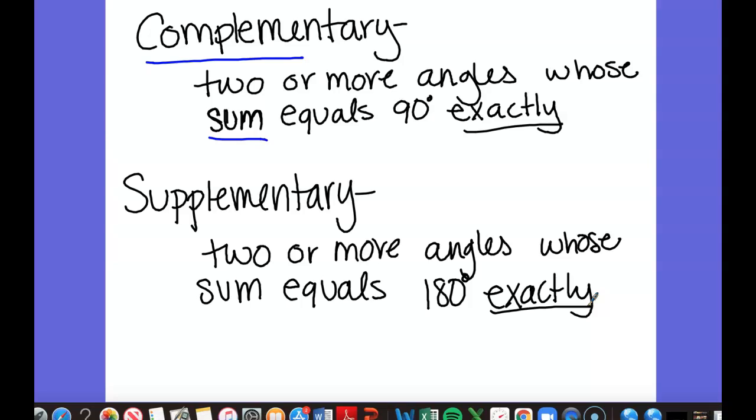All right, we can draw in some pictures. So right here, let's draw in a right angle. And then if you draw a line from the vertex extending, angle 1 and angle 2 are complementary angles because when you add them together, they're 90 degrees. So those two angles combined equal 90 degrees, therefore they are complementary.